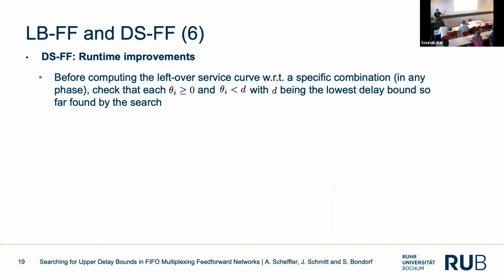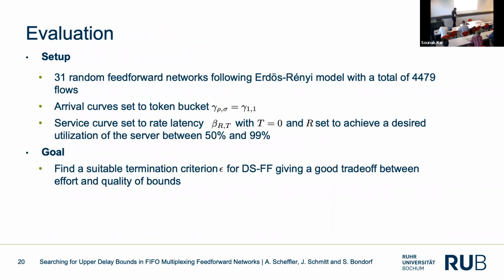Details are in the paper, and by the way, the paper is Creative Commons, freely available. So we have this algorithm now to find these three parameters. And we have this step size, and our empirical evaluation is concerned with finding a suitable termination criterion.